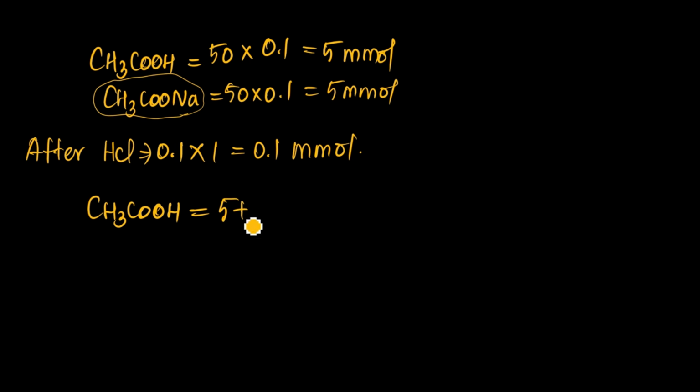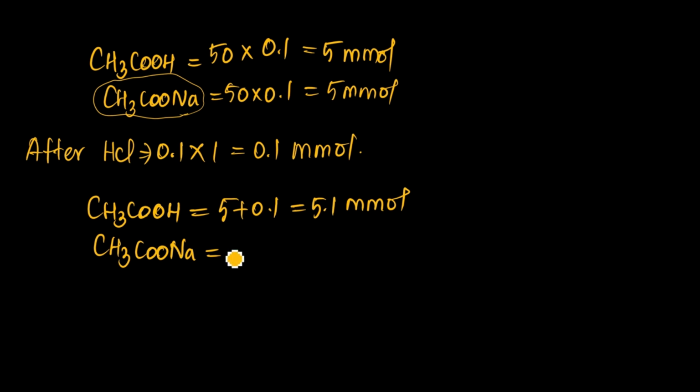So 5 plus 0.1, HCl will get completely dissociated, so 5.1 millimoles. And sodium acetate, it got consumed, so 5 minus 0.1, that is 4.9 millimoles. Correct? These are the millimoles we have now. So the total volume is 100.